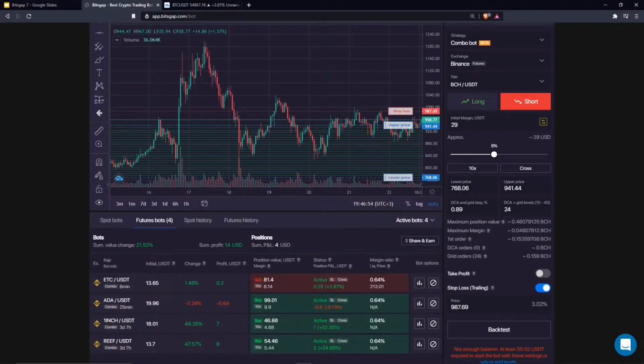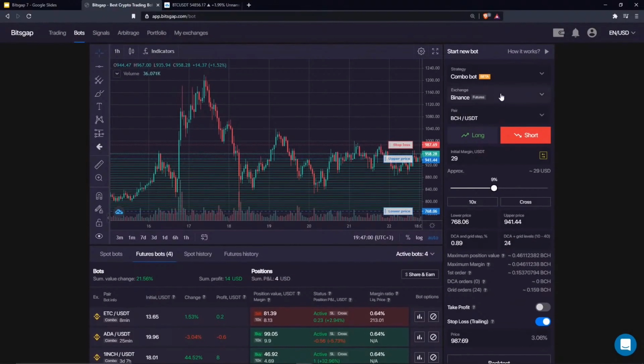You don't see the Combo Bot on my screen, only the Bot and the classic one. So you need to switch to the futures exchange. Make sure that, like on Binance, in order to trade futures there are 2 API keys, the original one and the one for futures.